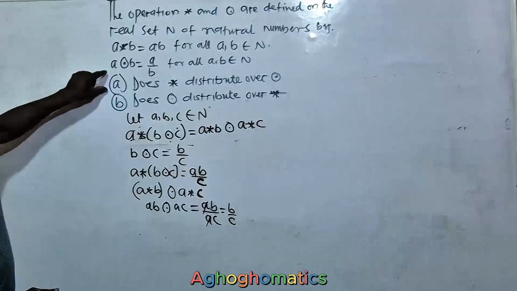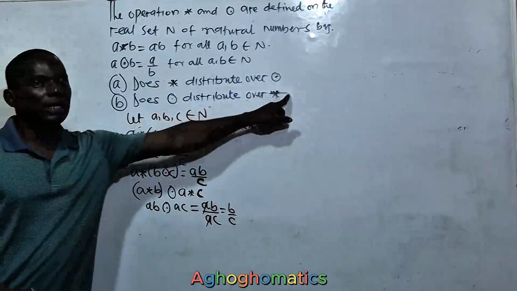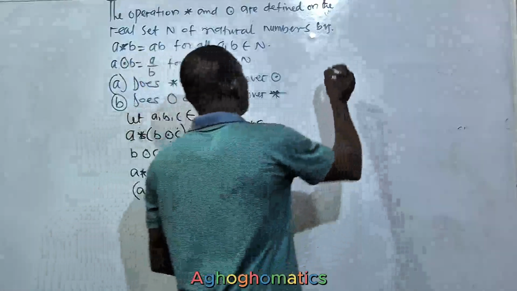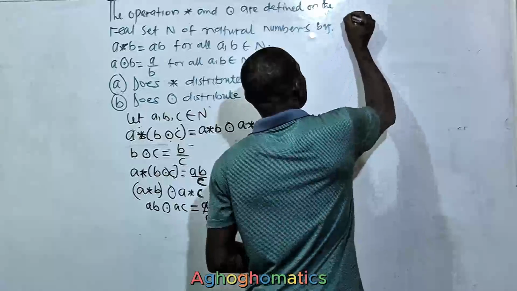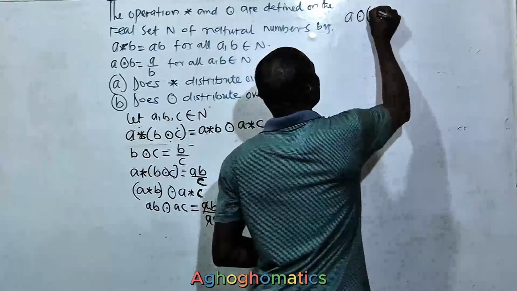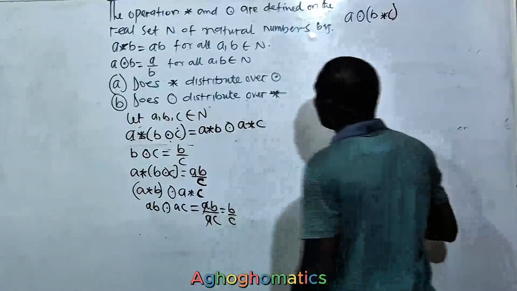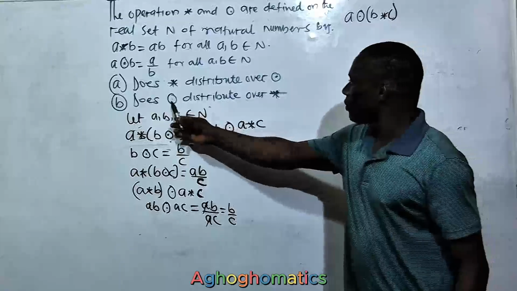Now, the other aspect of the question is: does this distribute over this? Let's look at that. Our operation here will be A operating upon B asterisk C. We act with this one first.